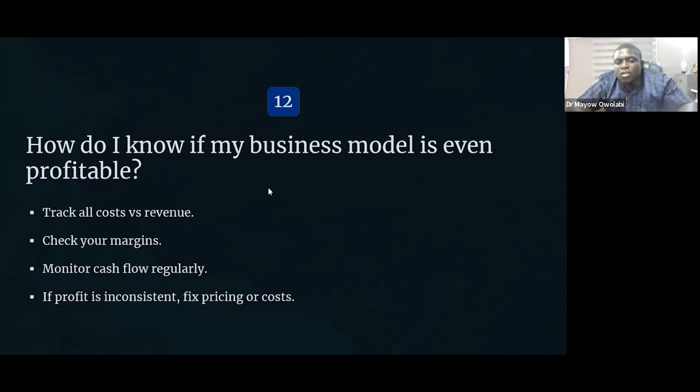If profit is inconsistent, fix your pricing or work on your cost.